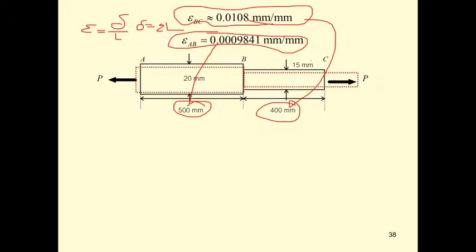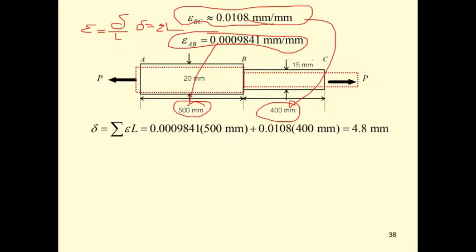You get the length of 4.8. So now the total length is going to be 904.8 millimeter. You start with 900 and then the new length is 904.8.